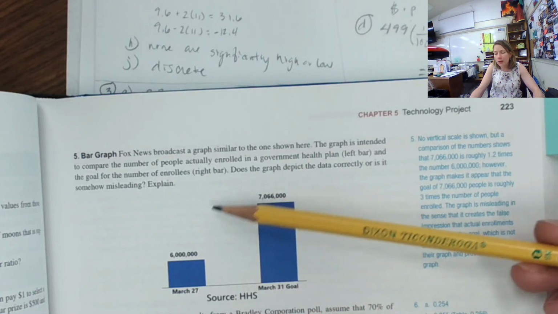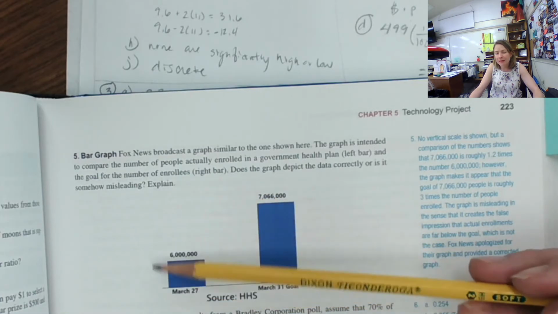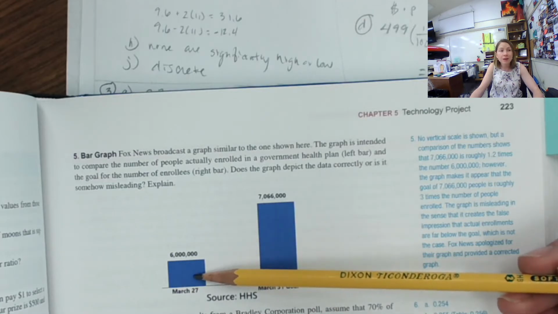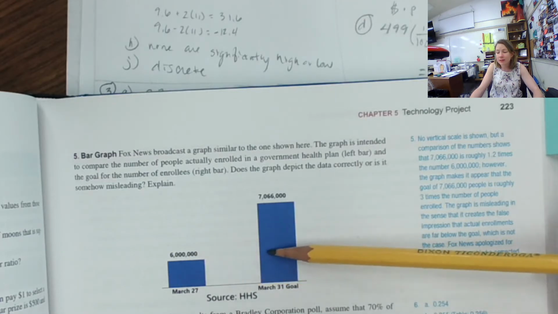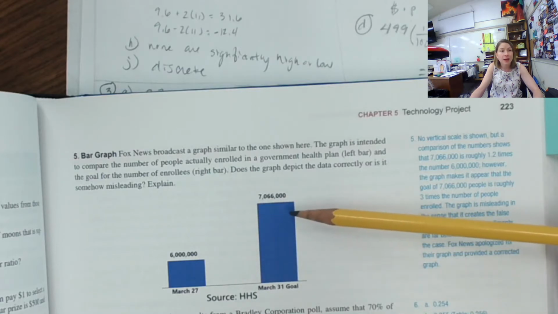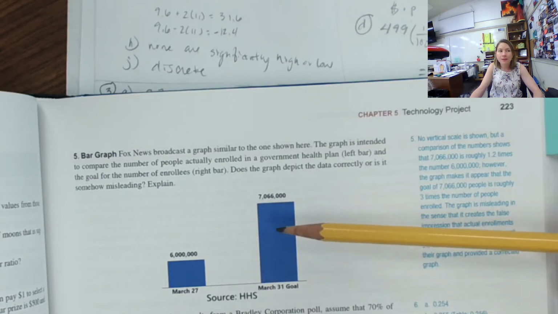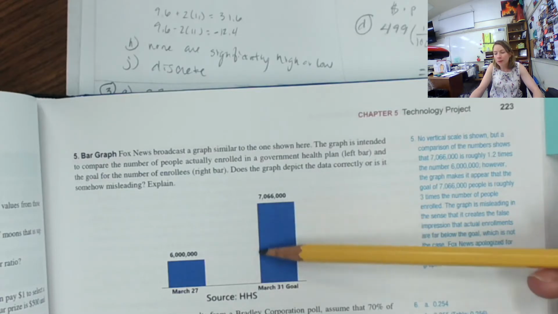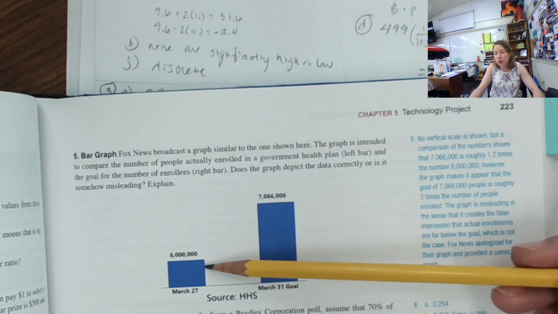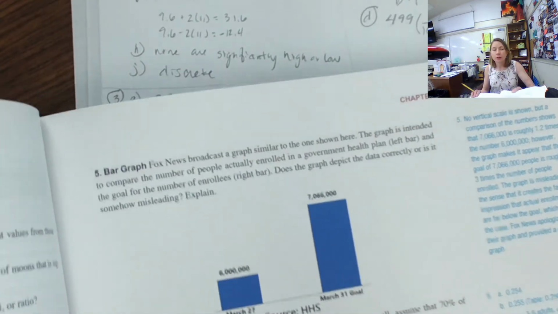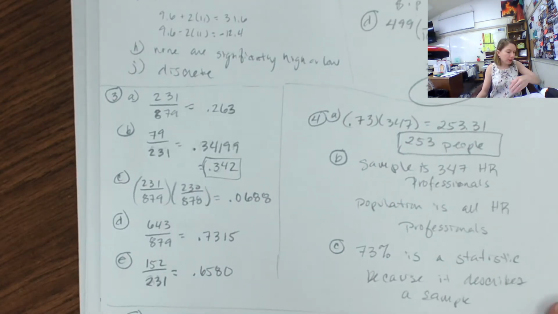There's no vertical axis, so it's just 2 chunks, and this one definitely looks smaller than this one, and this one looks like it's almost 3 times as big, right? It's about 3 times the size, when in all reality, the difference is not 3 times as large, right? There's only about a 1 million difference between these, so it definitely should not be that big. So there's definitely some sort of misleading going on there.